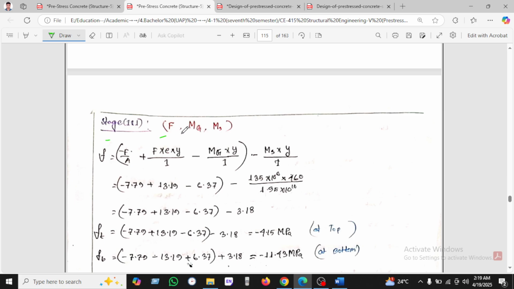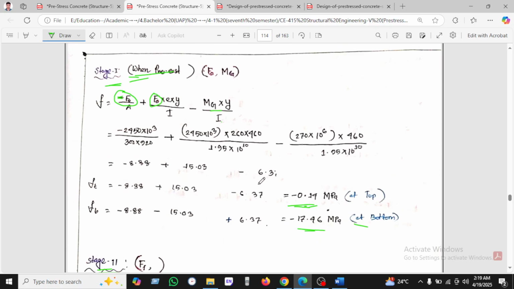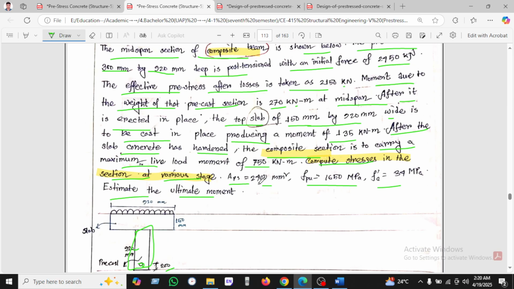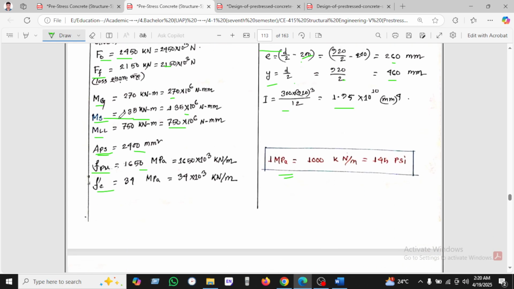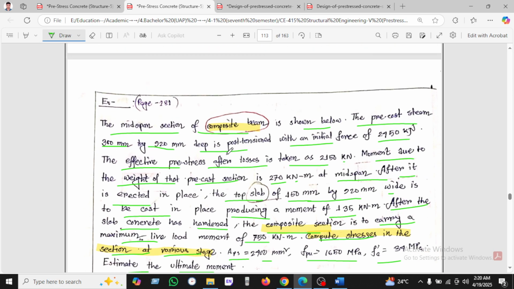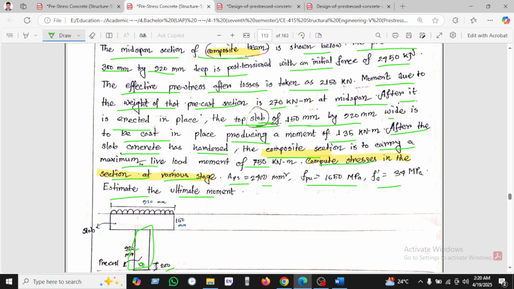Stage 3, F into Mg into A, so we can use all this data: minus F divided by A, minus F into e into y divided by I. We've seen for the slab 137 as given here for the slab composite, where Ms is 135, so there is no problem at all, the data is given. 135 is the producing moment, the plus in place producing 135.